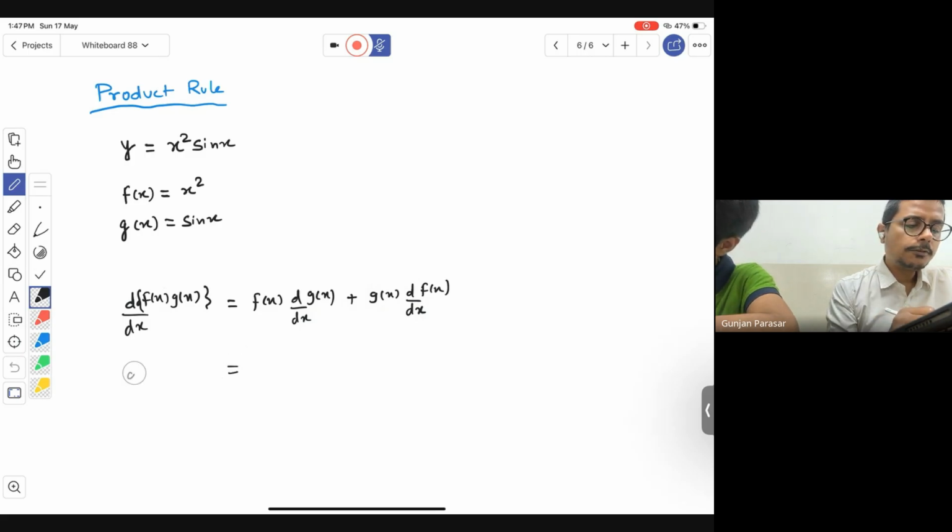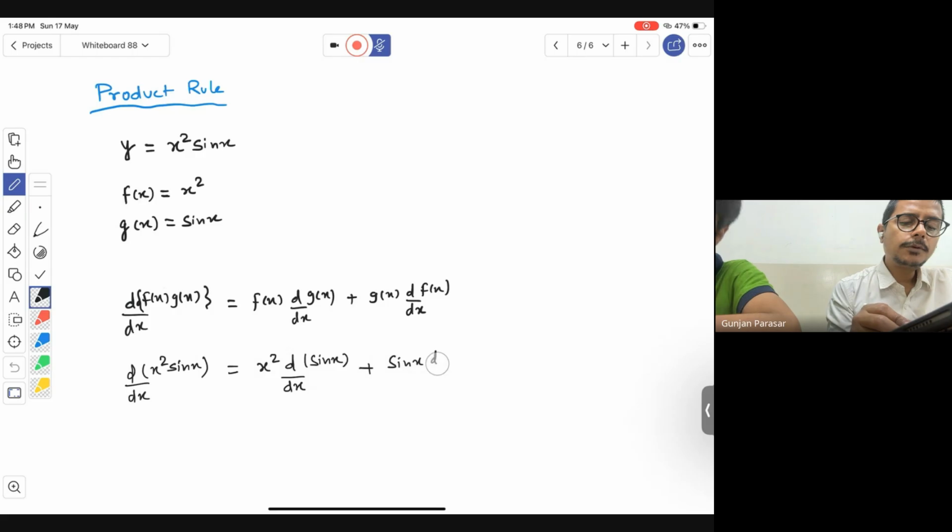So we'll write it in this way. For example, if I give you, find the differentiation of x square into sin x. What will you do? You keep x square as it is first, intact. You multiply it with the differentiation of the other guy, sin x. Then reverse. You keep sin x as it is, and multiply it with the differentiation of x square.